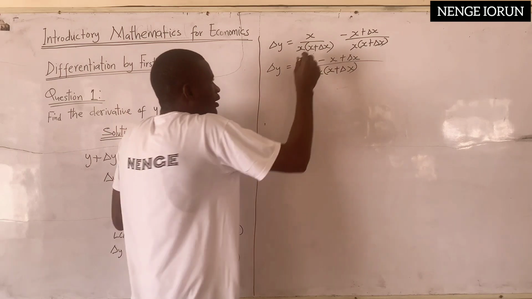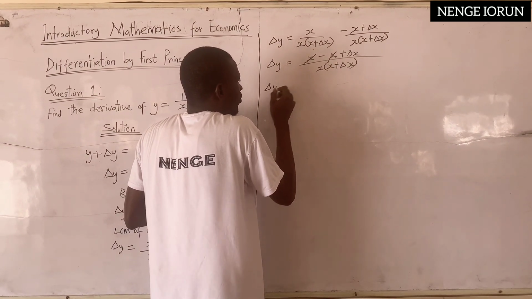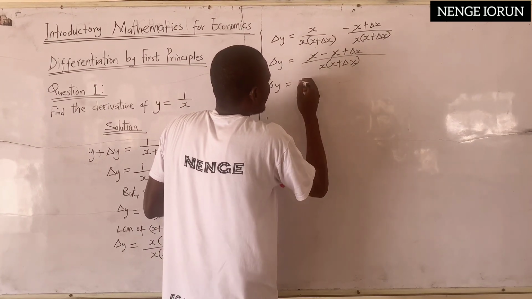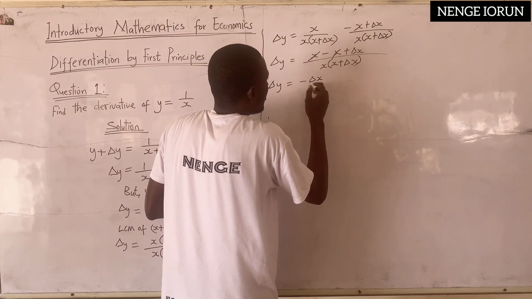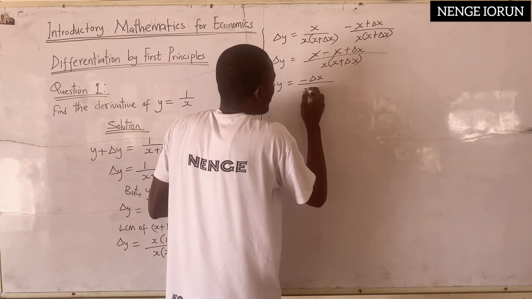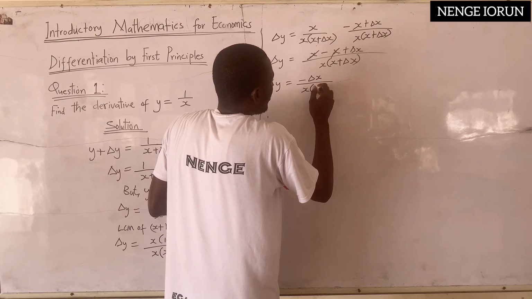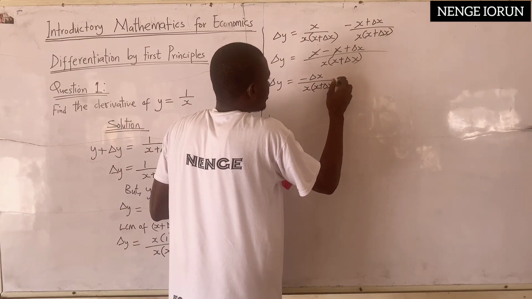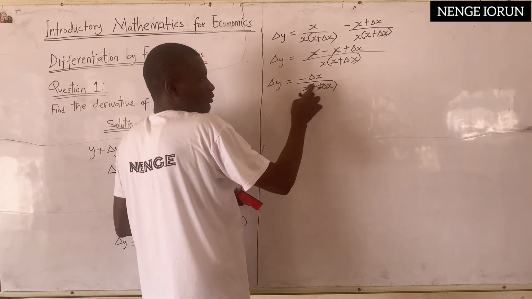So now, this x will cancel this x. When you have delta y is equal to, this one is negative, negative delta x over x into x plus delta x. So now, you clear the bracket.